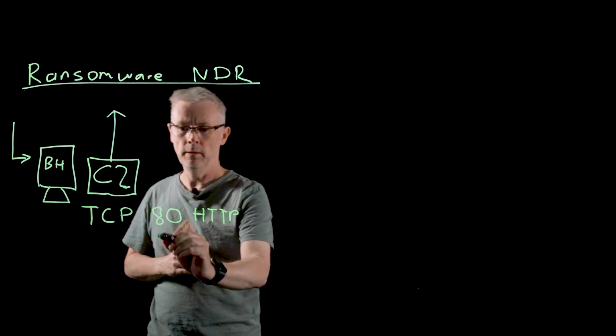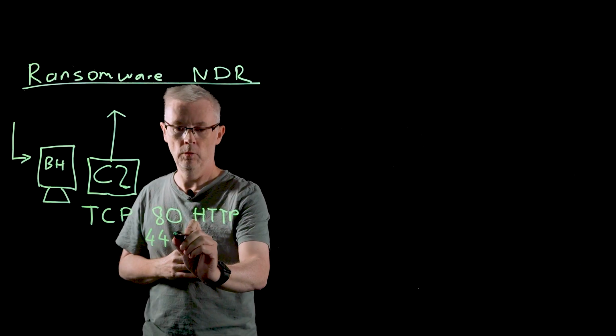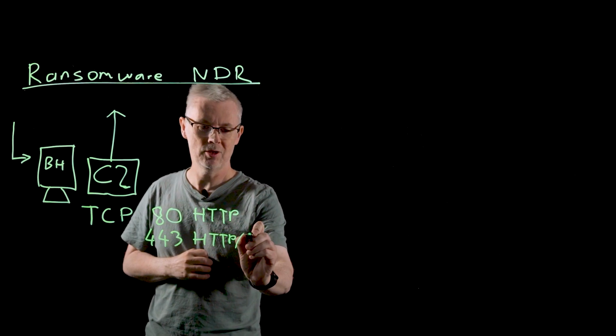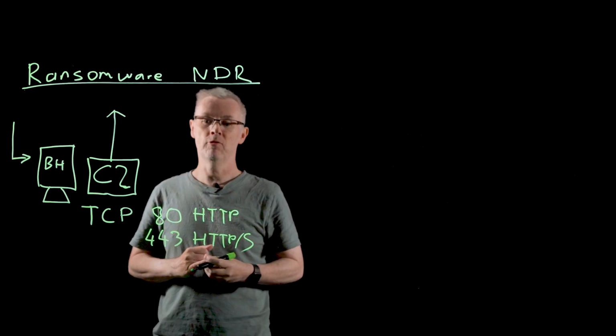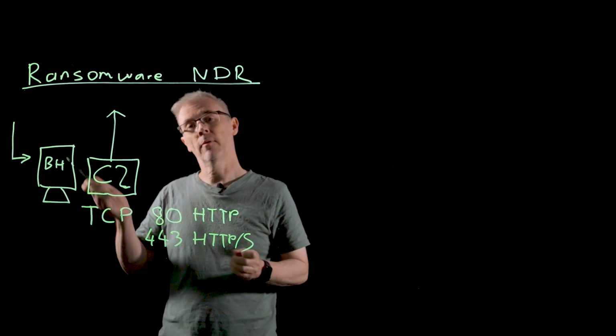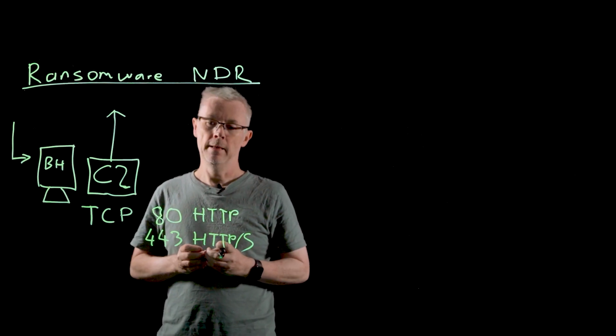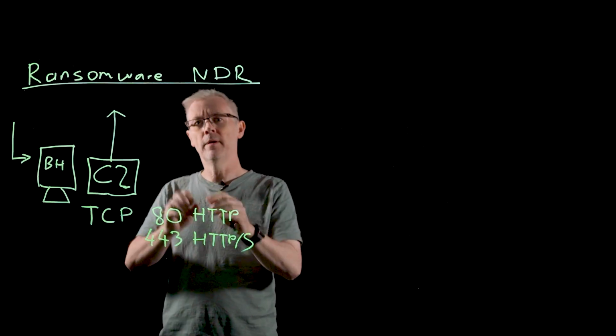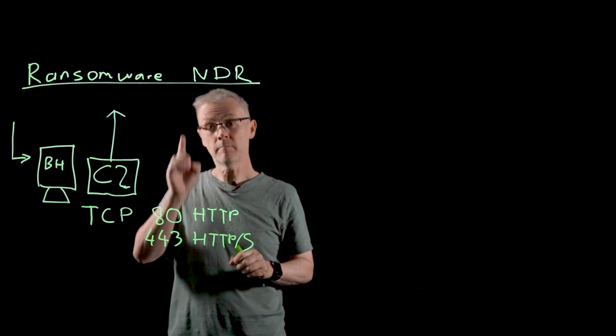If they're smarter, they will do it on port 443, which is HTTPS, encrypted web traffic. Either way, it's a communication that's going out through your firewall and is designed to hide within your ordinary traffic. And this can be very tricky to find.